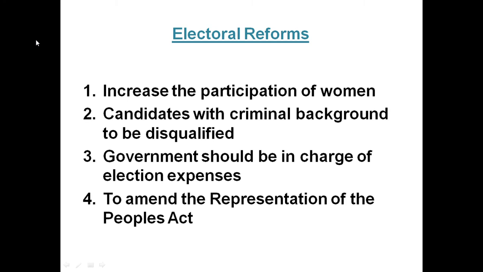The fourth reform: amend the Representation of the People's Act. The Representation of the People's Act 1951 was introduced in the Parliament by the then Law Minister Dr. B.R. Ambedkar.